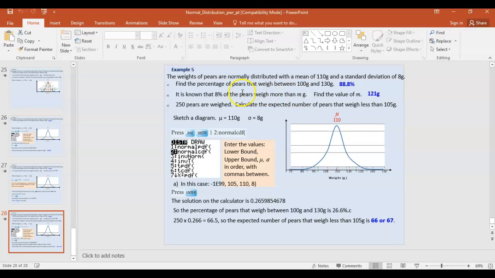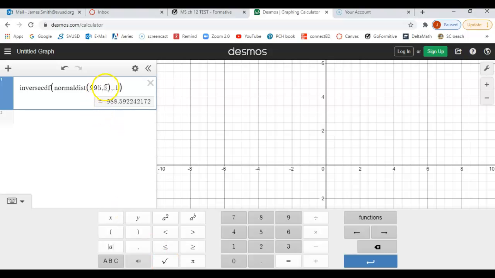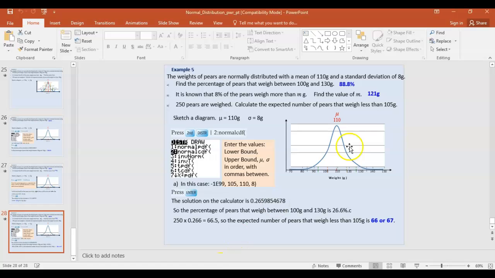So let's put this in just for extra practice here. My mean is 110 and my standard deviation is 8. After those parentheses, remember there's a comma first, and then we need to put in the percent left of x.